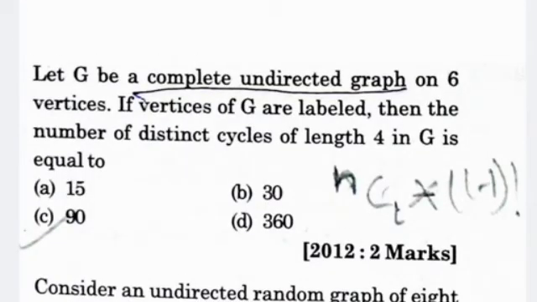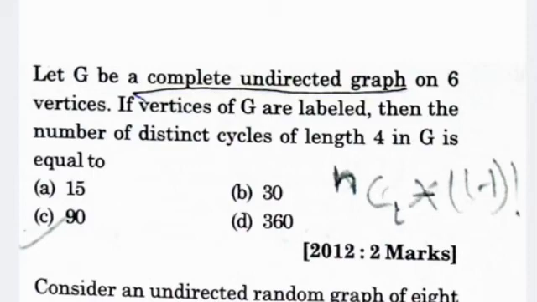Let G be a complete undirected graph on 6 vertices. If the vertices of G are labeled, then the number of distinct cycles of length 4 in G is equal to: option A, 15; option B, 30; option C, 90; and option D, 360. So what is the correct answer?